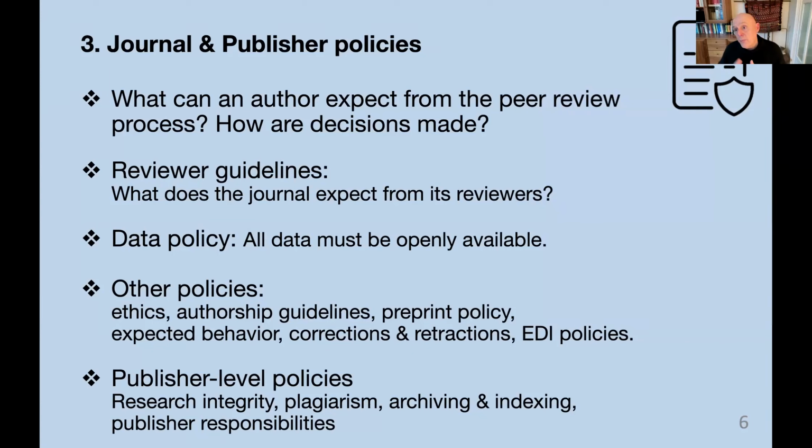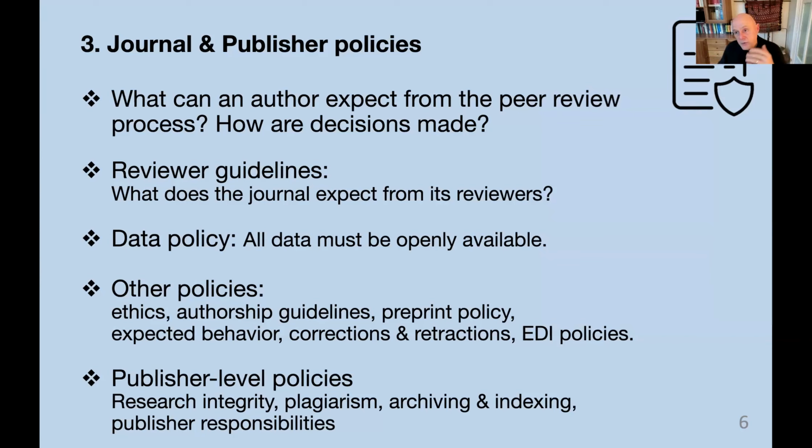And then there are also publisher level policies, because most often you will work with a publisher, a Diamond Open Access publisher of some sort. So then you also have to look at things like policies for research integrity, plagiarism, archiving and indexing, and what the publisher responsibilities are. And so you have to weigh those against your own policies as a journal.